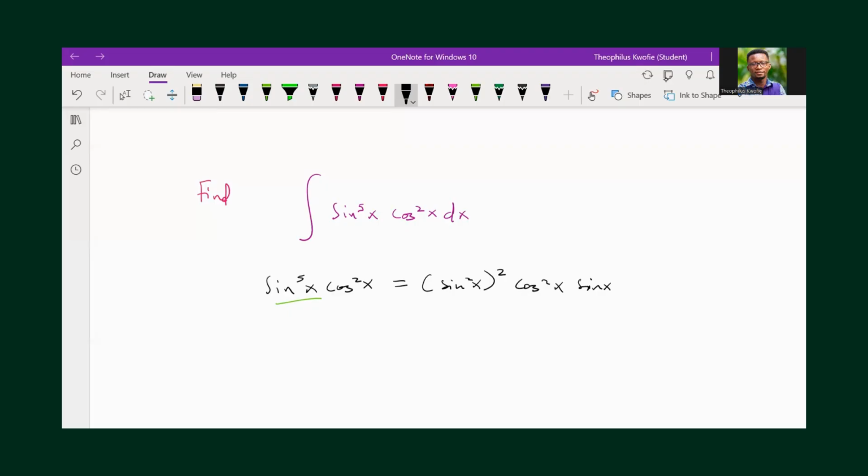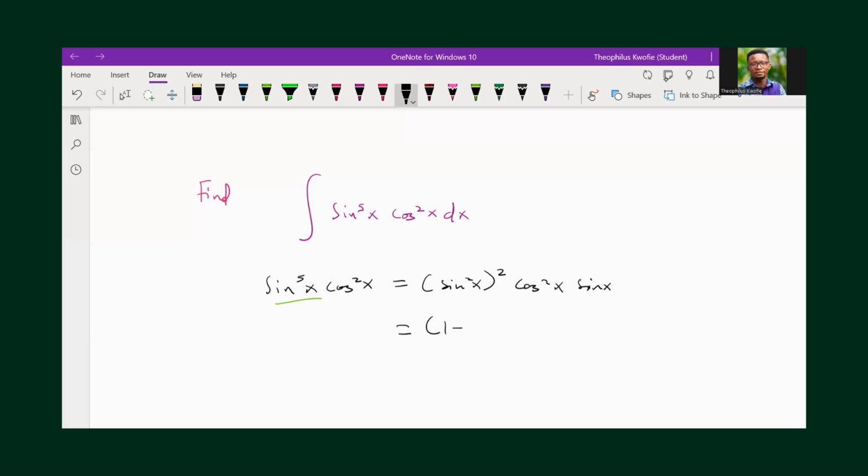And then the identity sine squared plus cosine squared equal to 1 will be another powerful tool that will help us convert back and forth between the even powers of sine and cosine. So over here, what we are doing is to simplify some things before we delve into the problem.